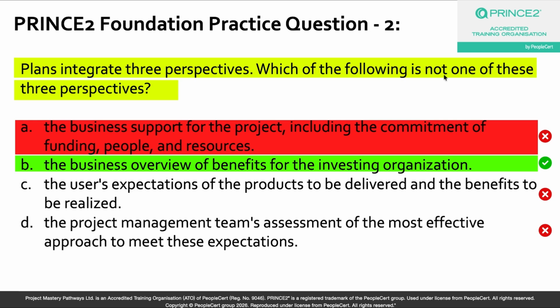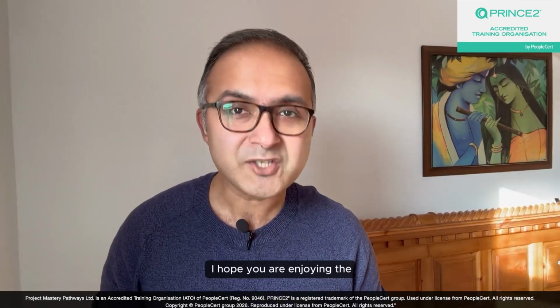Very, very important. Okay. And it is not through the three perspectives of creating a plan for a PRINCE2 project. And for that reason, option B is the one that does not belong to the three perspectives of PRINCE2 planning, and that makes it your correct answer choice to this negative type question.